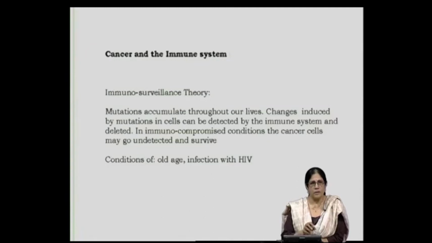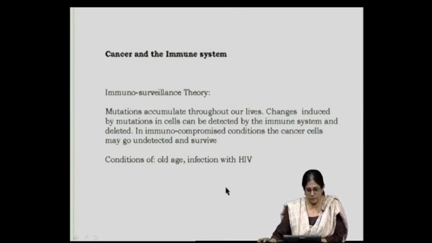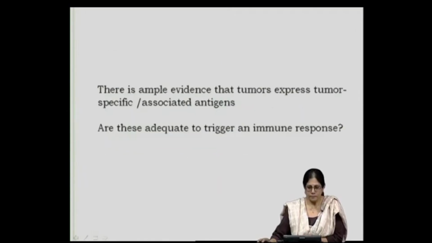And there are certain cancers, say of the skin, which otherwise are not very common. These uncommon cancers start to appear in AIDS patients. So, here is the evidence one can give that yes, in fact, decreased immune system or immunocompromised conditions can allow cancer cells to go undetected and survive.